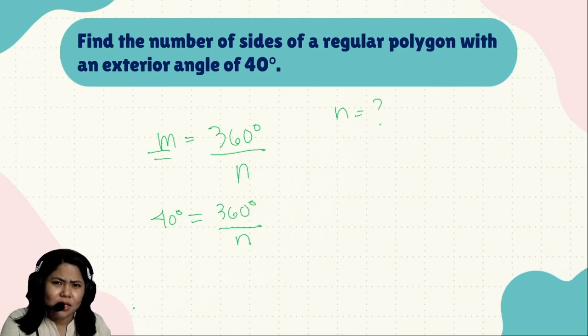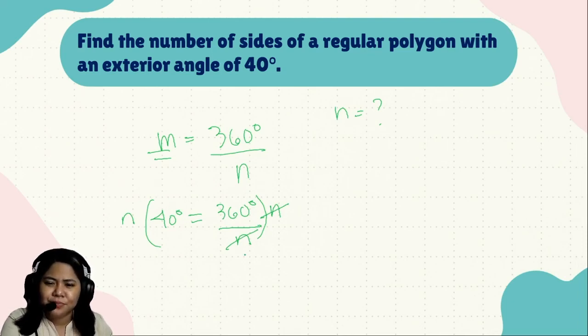So, take the opposite of division. What's the opposite of division? Multiplication. You multiply both sides. By what? By n. Kasi si n ang gusto mong malipat sa taas eh. So, cancel. Kasi n divided by n is 1. What's 40 times n? 40 times n is 40n equals 360.